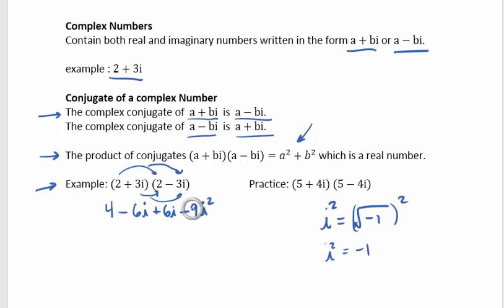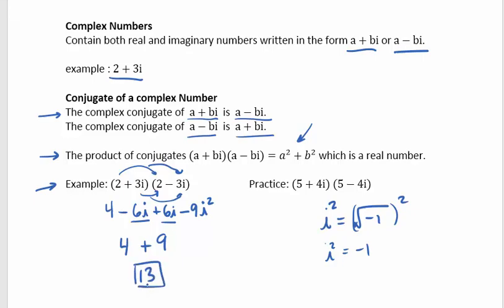So really, this -9 times i squared, well, i squared is really just negative 1. So I get negative 9 times negative 1, which makes this a positive 9. Notice too that the two middle terms drop out, the negative 6i and the positive 6i. So what I'll have left is 4 plus 9, giving me the real number 13.